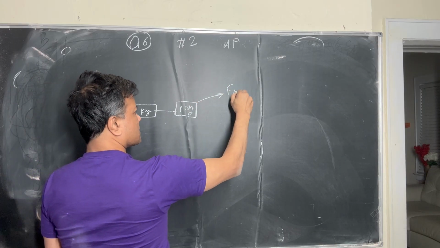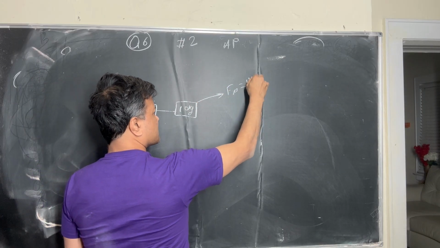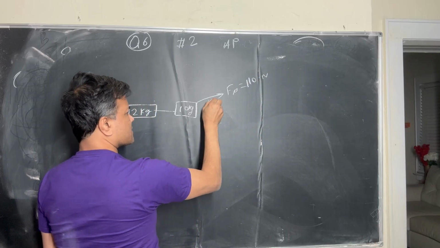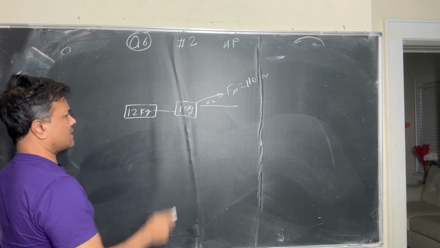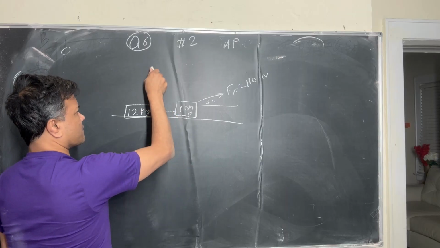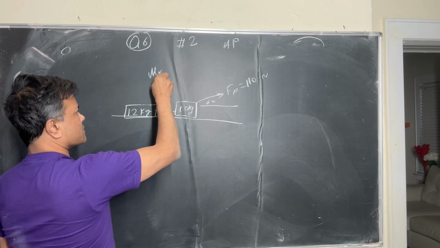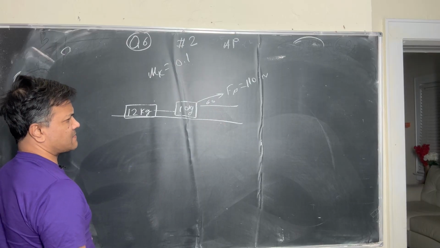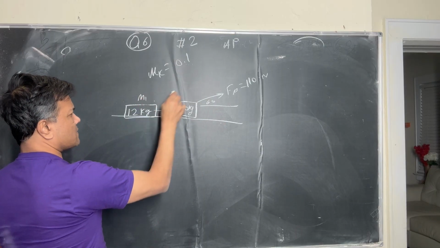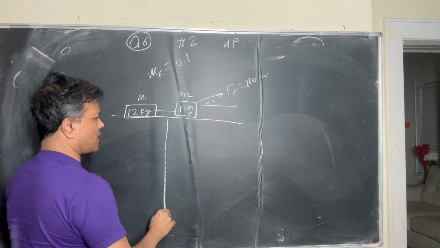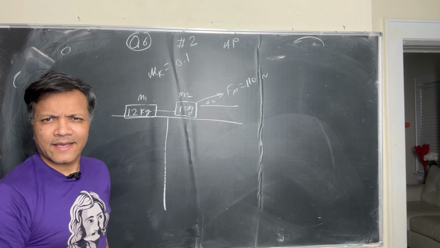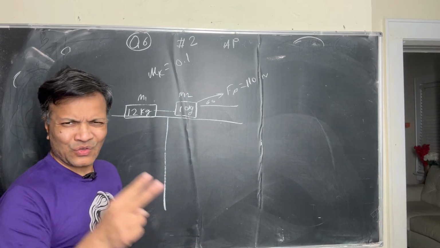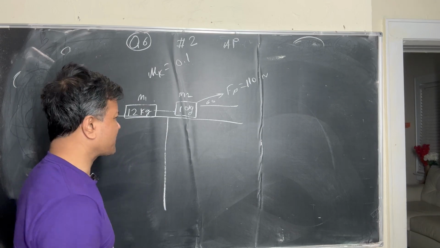You pull it by 110 Newton at 60 degree. They are sitting on a surface with 0.1 kinetic friction. This is M1, this is M2. Find the acceleration of the system, 3 sig fig.